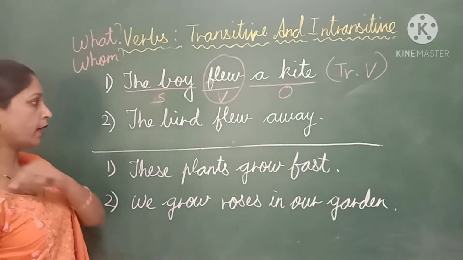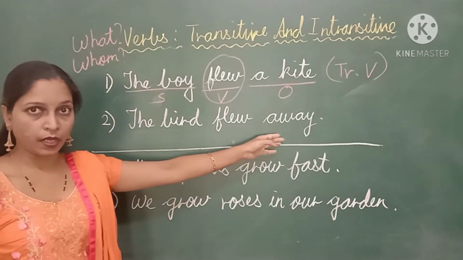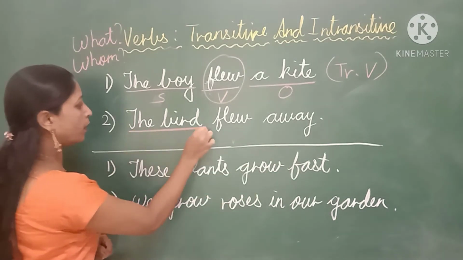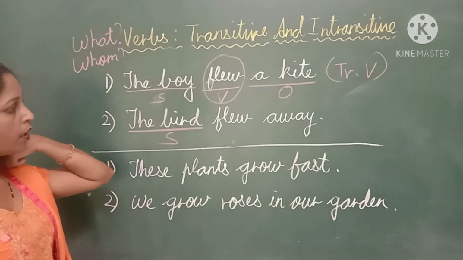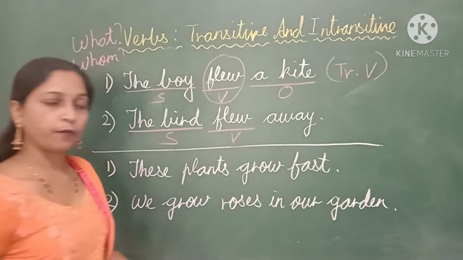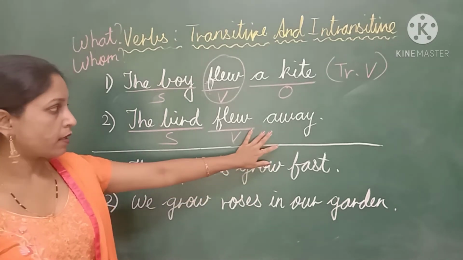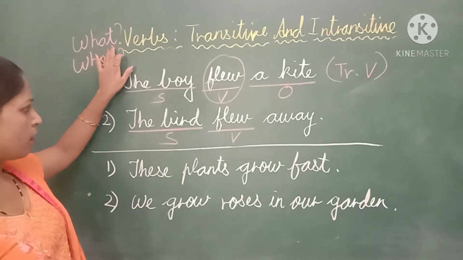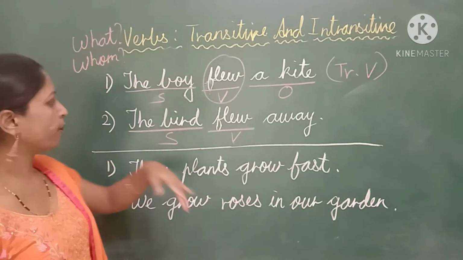Now, let's see the second one. The bird flew away. Here we are talking about the bird, the subject. Flew here is the verb. Is away the object of the sentence? Let us ask the question. What did the bird fly? Away is not the answer.